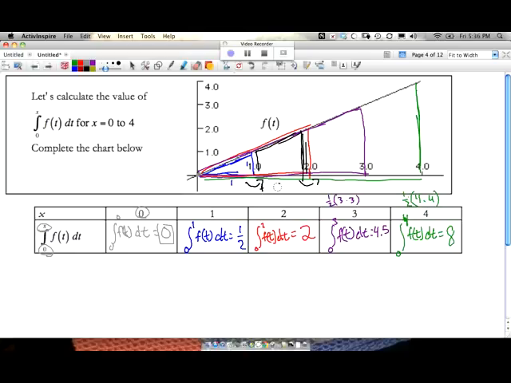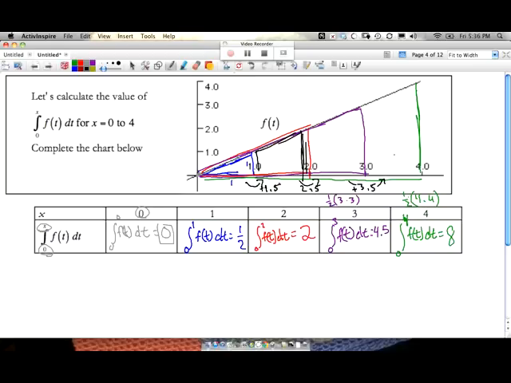That's not 3.5. That is, in fact, 1.5. And then to get from 2 to 4.5, we added 2.5. And then we added 3.5 to get to the green. So we're accumulating, we're building.